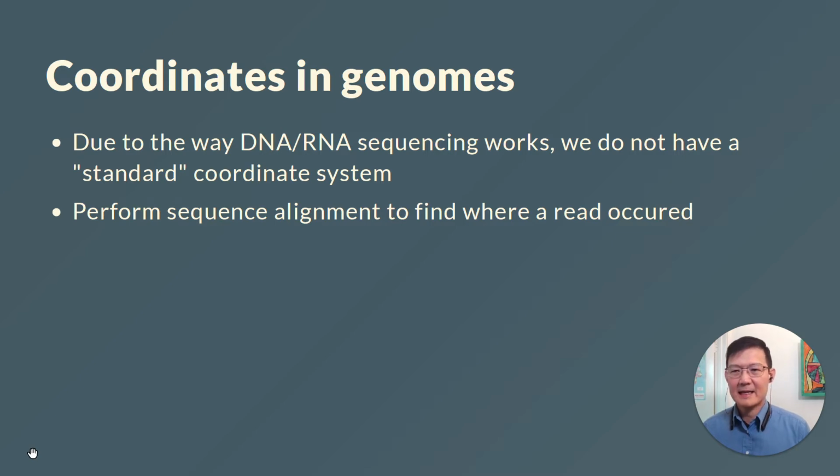In fact, one of the hard tasks in biology, when you have a new measurement of the world, a new sequence that you care about, is that you actually have to do something called sequence alignment, which I'll talk about at some other point, to figure out where this sequence came from. Essentially, you have to do some sort of pattern matching to find the right place to put this object. So there's no real good way to index it. And this is the source of a lot of difficulty in biology.